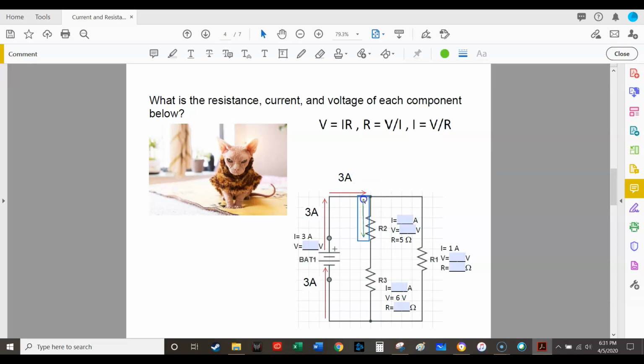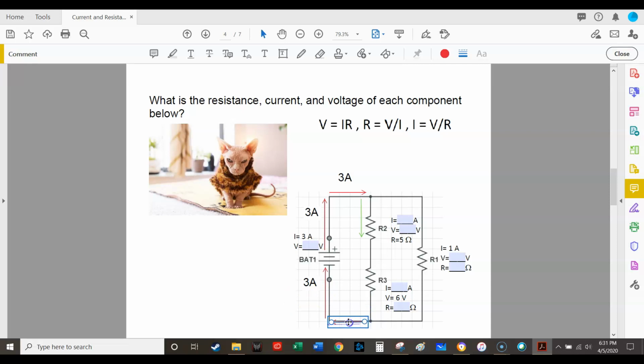And now we have a junction here with 3 amps coming in. And that means 3 amps has to be leaving the junction on the other side of the battery.